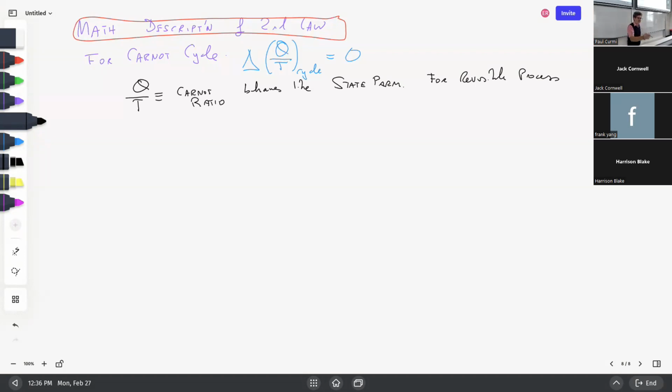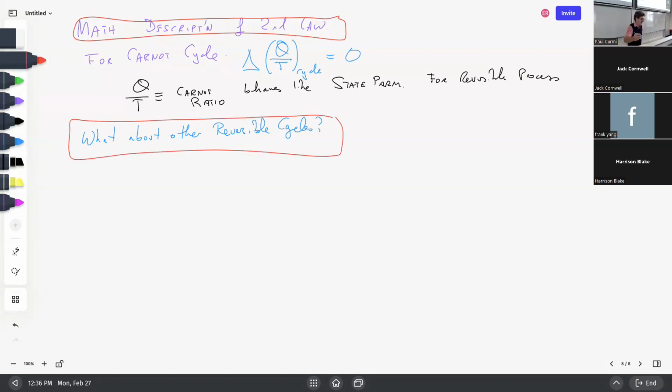Okay, so you guys have raised this. What about other reversible cycles? Pick your cycle. What cycle would you like?